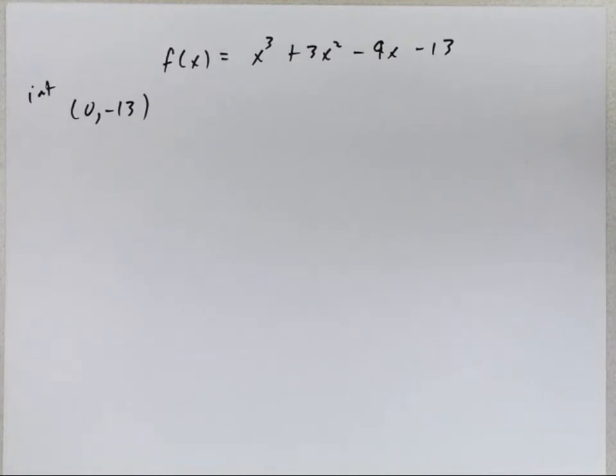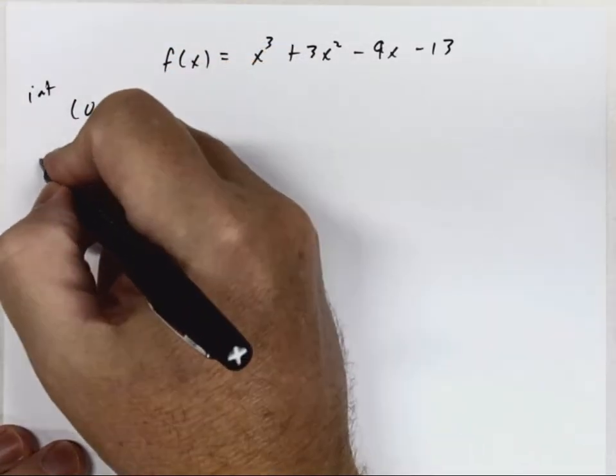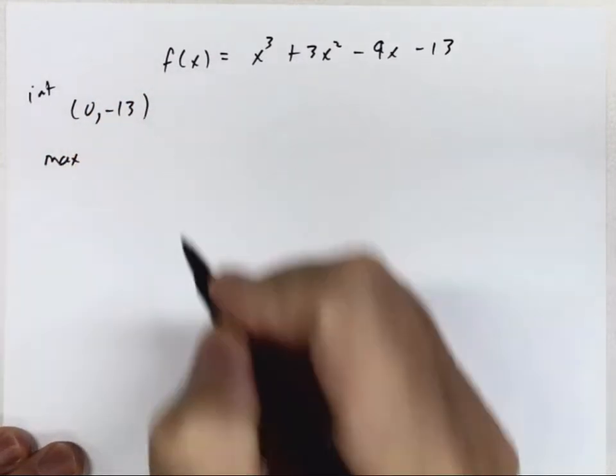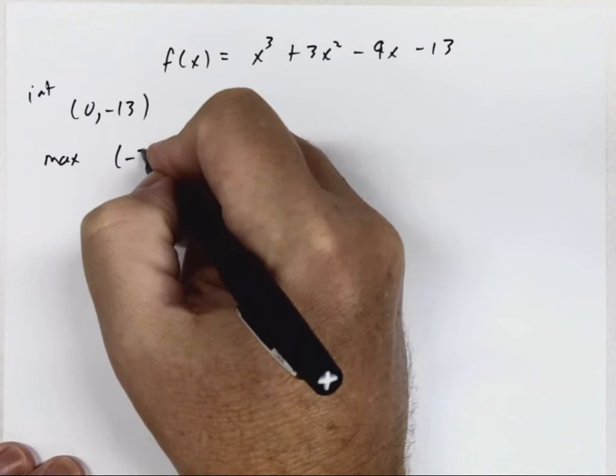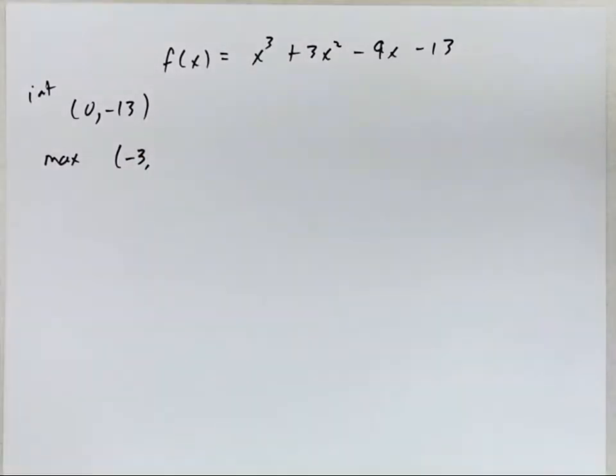Let's write down our maxes and mins. I'm looking at my other page, and we decided we have a max. Value of x is -3. Let's find what that actual point is.